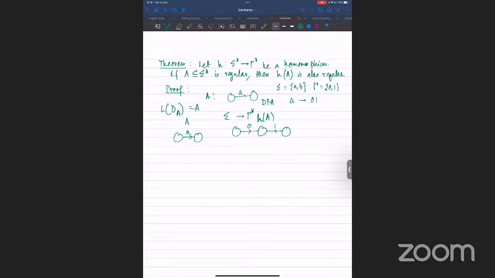What transitions are you going to have from these intermediate states? Suppose you have another B here, and suppose B goes to 1, 1. You have a 1 here, and a 1 here, something like this.